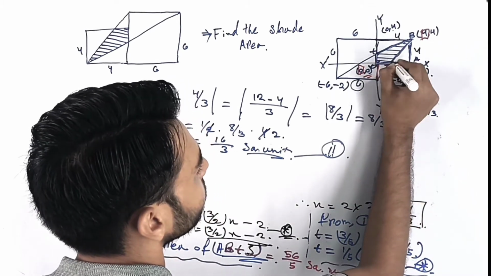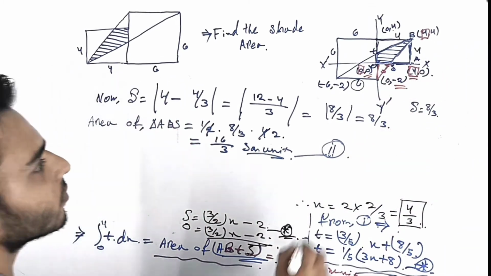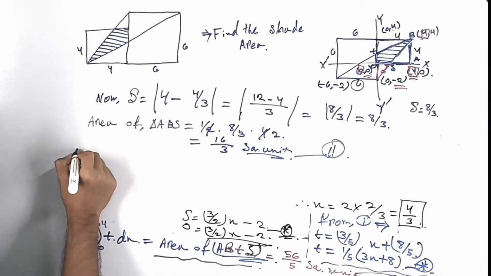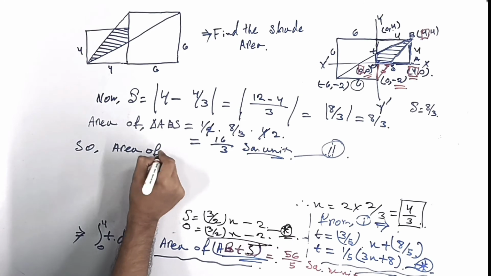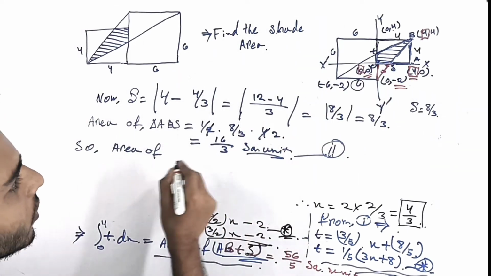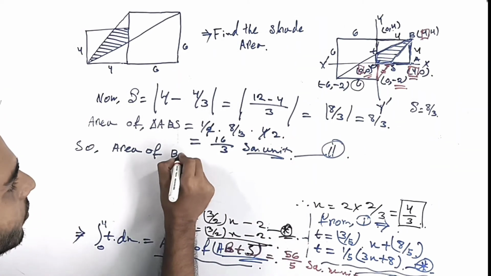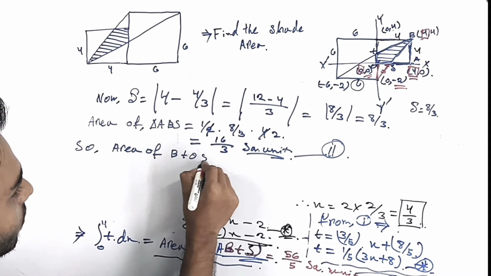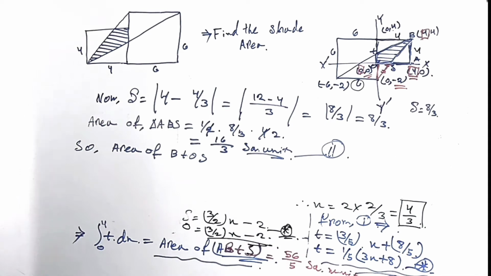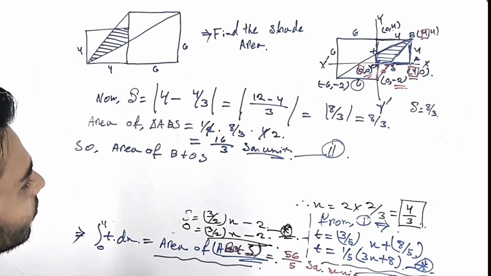So now find this shaded portion, which is this whole portion minus this triangle. So I also write down that the area of this shaded portion with the triangle is BTOSTS.